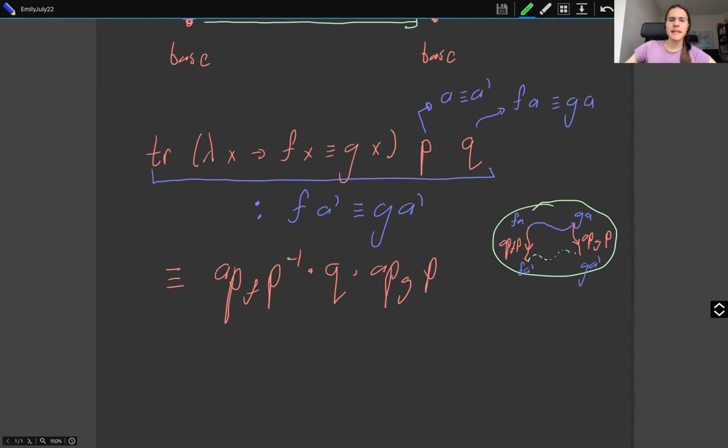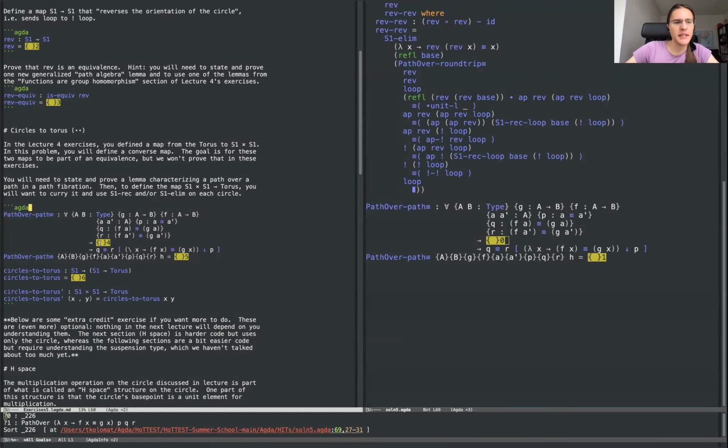Okay, so we basically found something that's well typed, and now we're going to see how we can prove it. If you have a well typed expression and it's true for reflexivity, which it is, then you can prove it. So here, we've decided that the type should be you first do app f of p backwards.